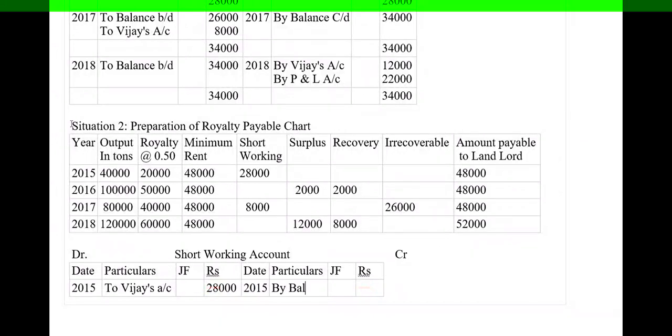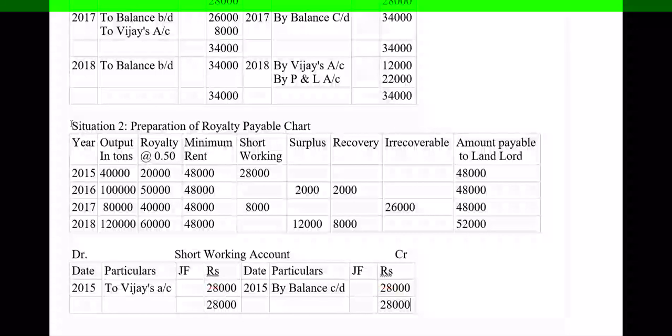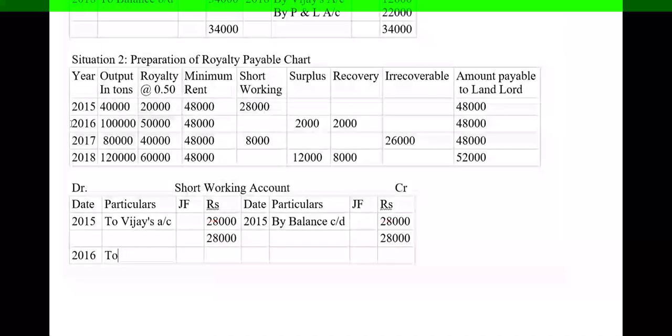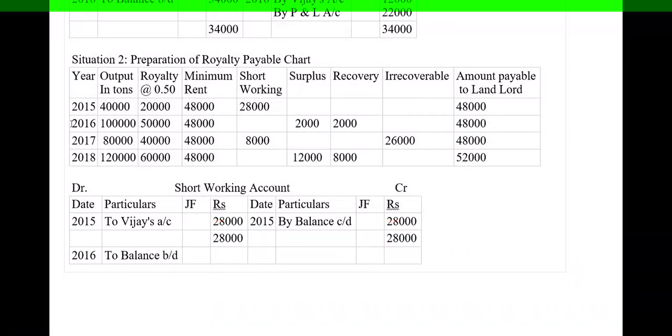So by balance carried down, that comes to rupees 28,000. So let us take the total here, 28,000. So this is brought down during 2016. So 2016, this is to balance brought down.